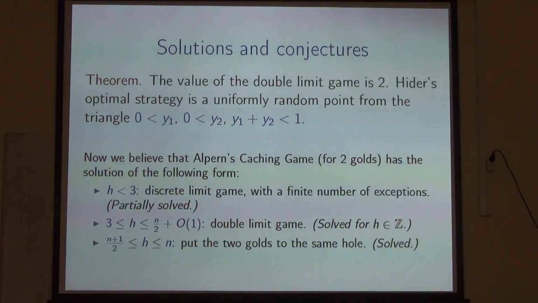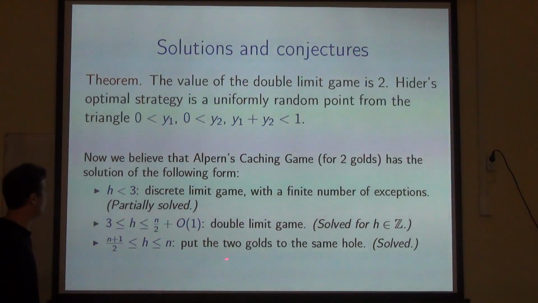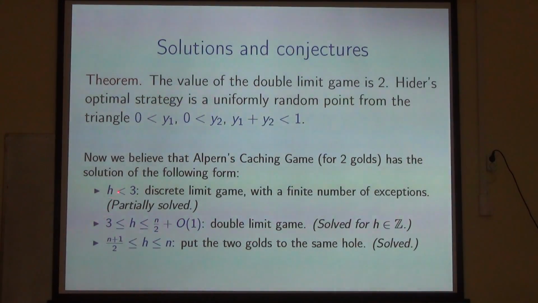You should find the uniform random point from the corresponding simplex, and this turns out to be optimal if h is larger than something and less than n over k, but in a very big part of the possible parameters, this is the optimal solution.